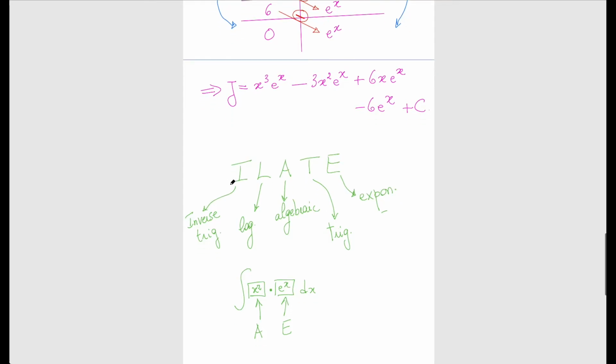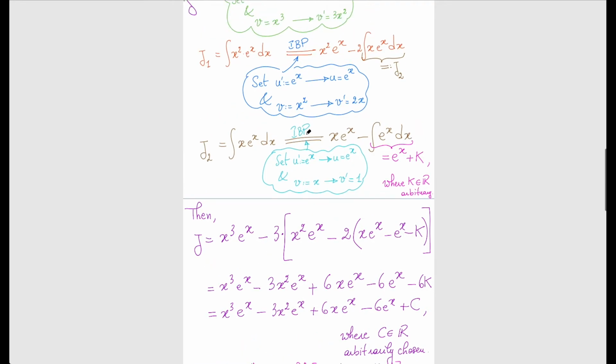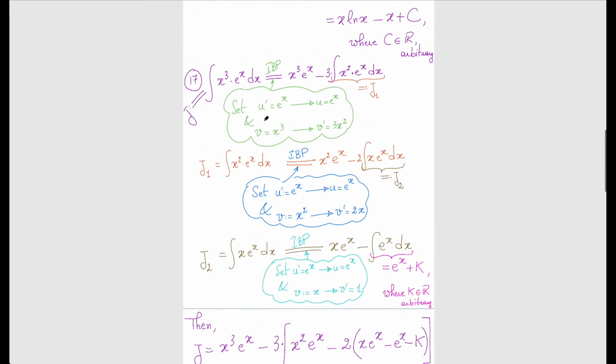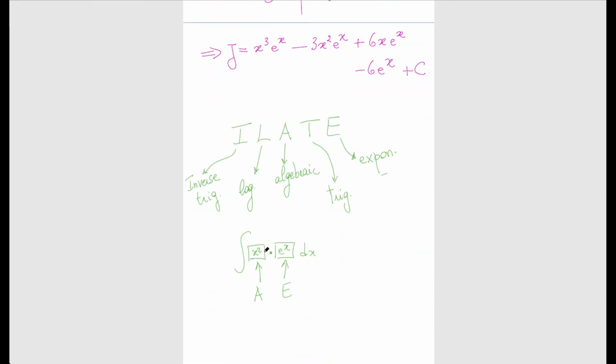What people have realized is that whichever comes first from the left, in this case A comes before the E, takes the role of V. So V is going to be the algebraic in this case, and the other is going to be the U prime in the integration by parts formula.